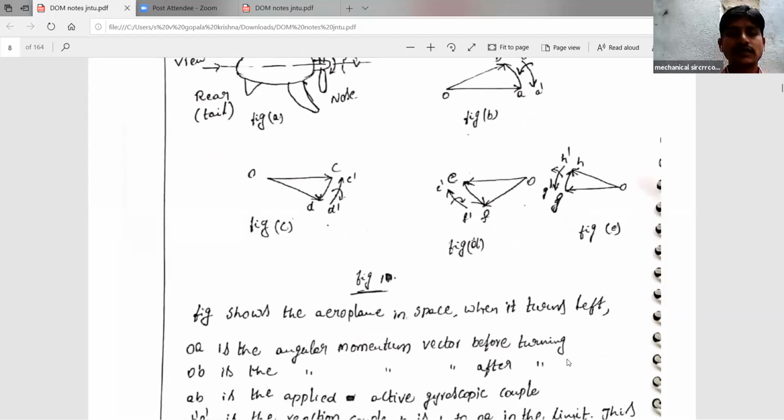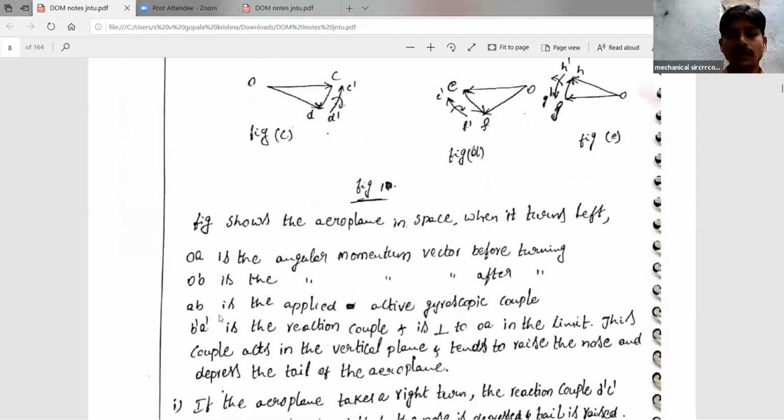So here we write AB. What do we get from AB? That is our angular momentum vector change. Sorry, AB is the active gyroscopic couple, and sometimes they also write B dash A dash.